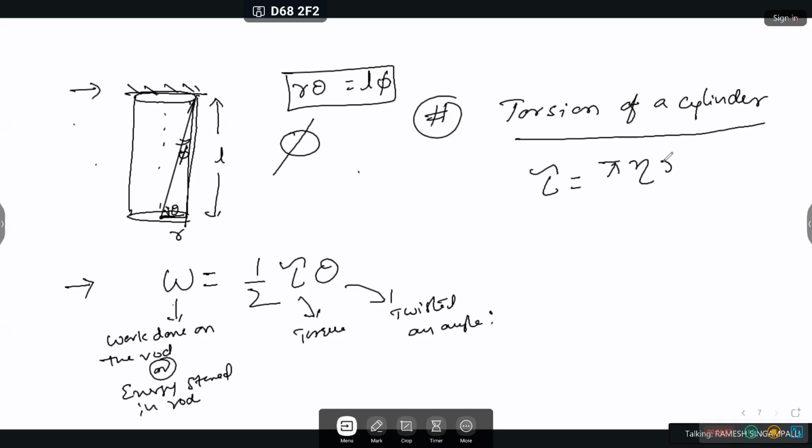We will give all these now. Simply write down: tau, restoring torque.